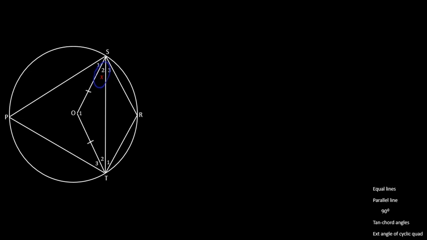So from S2 we can go straight to angle T2. So angle T2 equals x. Reason: OS equals OT, radii, or angles opposite equal sides.